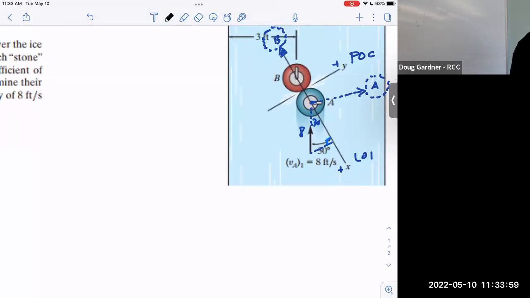So the velocity of A in the X direction. X would be along this axis. That's the cosine of 30. So that'd be 8 times the cosine of 30, would it not? Do you agree with that? And again, I might even say initial, because it's not going to have the same X velocity after it bounces off.